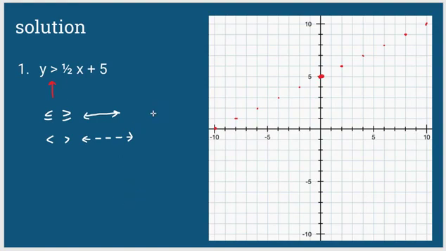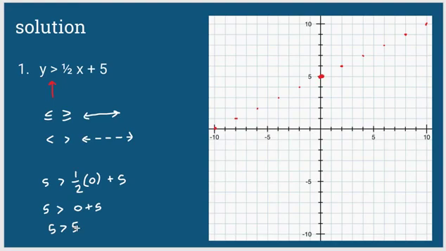Okay, and I can double check this by taking a look at the y-intercept, the point (0, 5). If I plug in 0 for x, so 1/2 times 0, plus 5, and I plug in 5 for y, with my greater than sign, and I simplify this, what I get is that 5 is greater than 0 plus 5, or in other words, 5 is greater than 5.